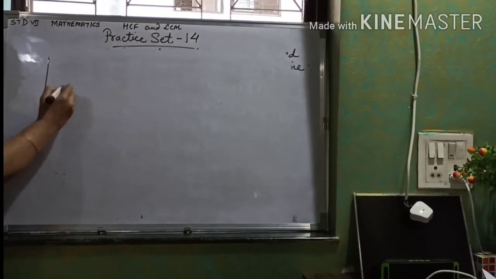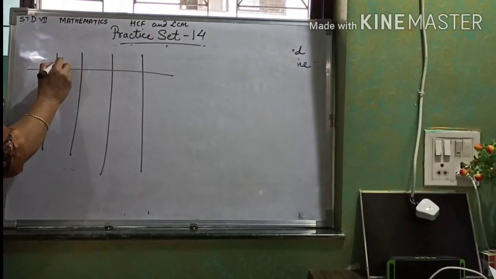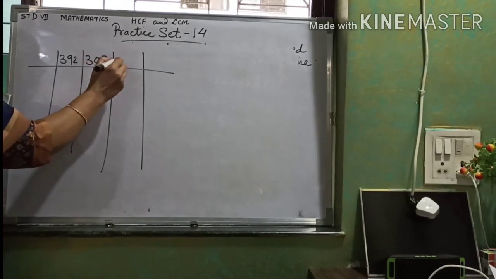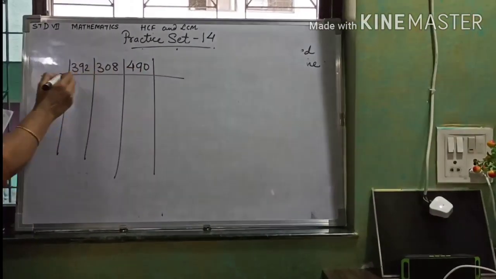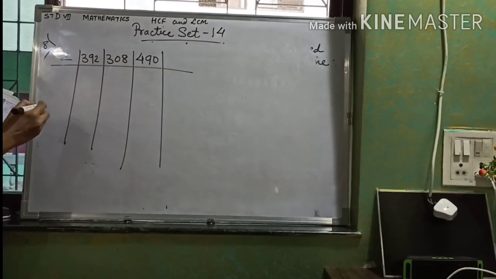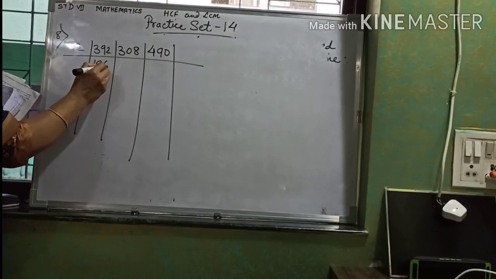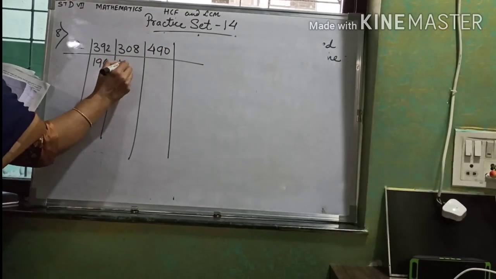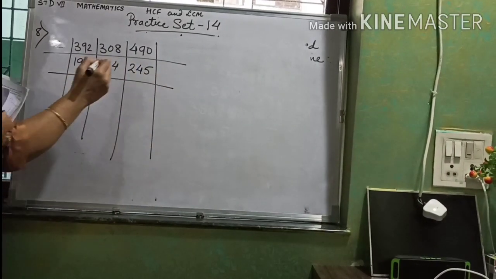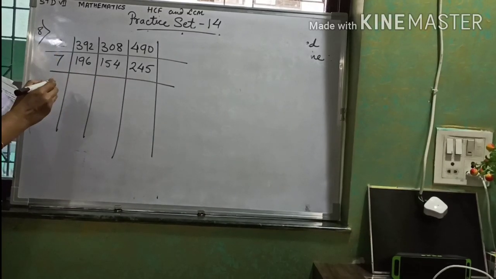The 3 numbers are 392, 308, 490. Now these numbers are divisible by 2. So you can do this in rough work. Here it comes 196, then 154 and 245. If you observe these numbers, they are divisible by 7.